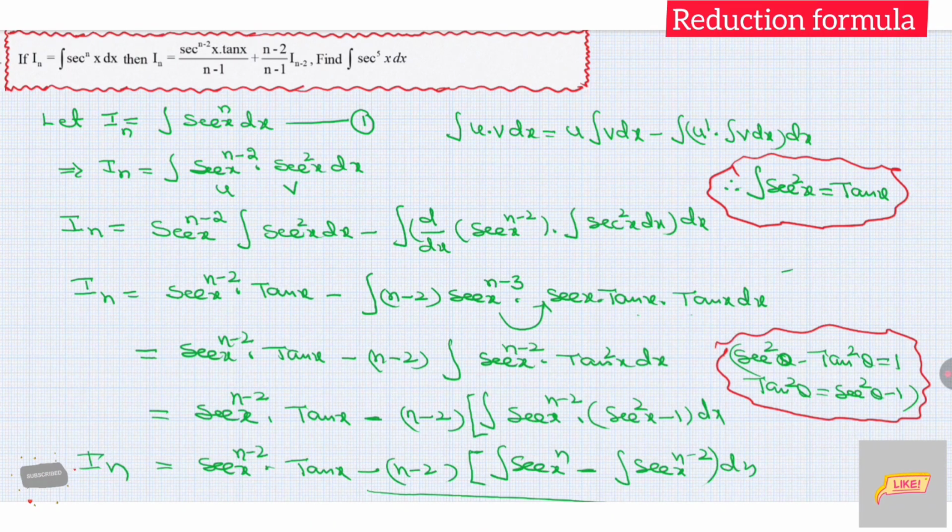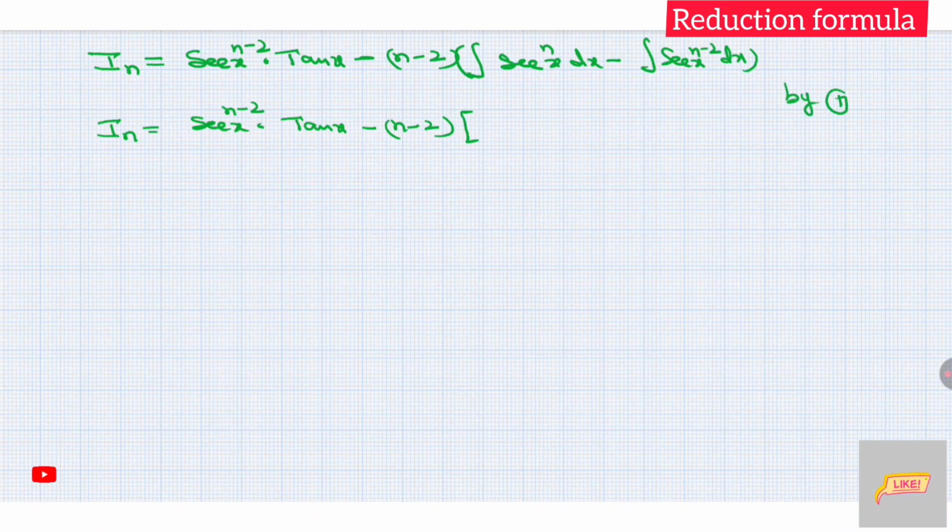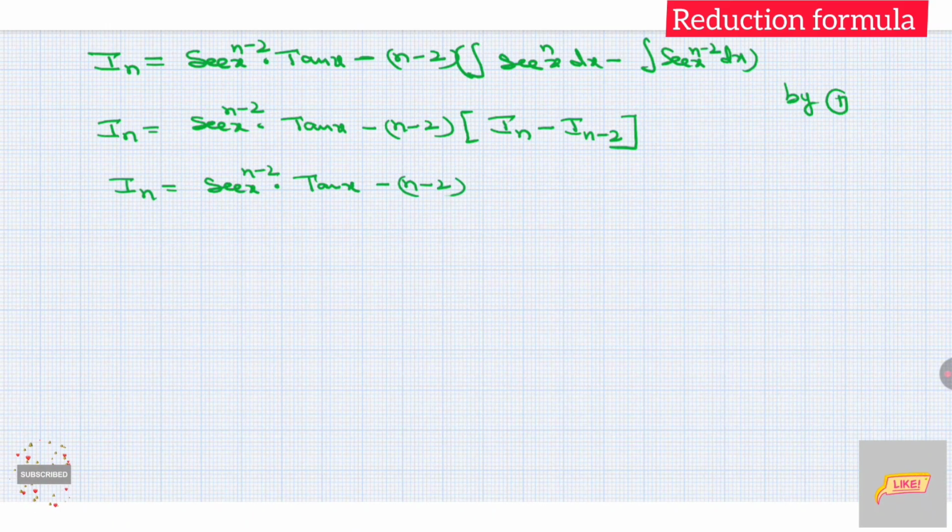Okay, by equation number 1, we get I_n minus I_{n-2}. Next, I_n equals secant x power n minus 2 into tan x minus n minus 2 into I_n plus n minus 2 into I_{n-2}.